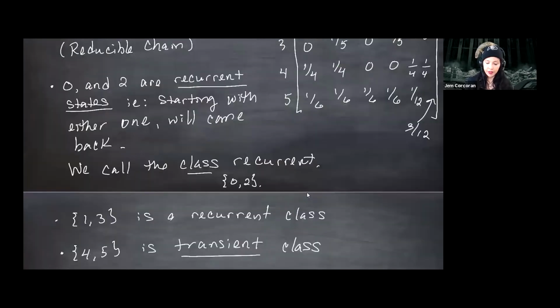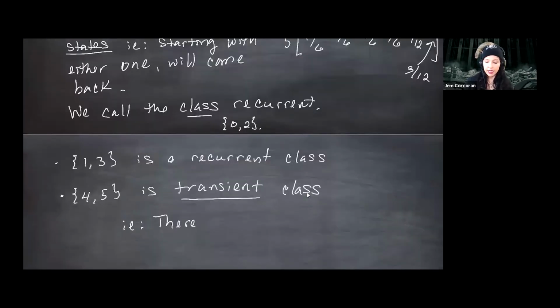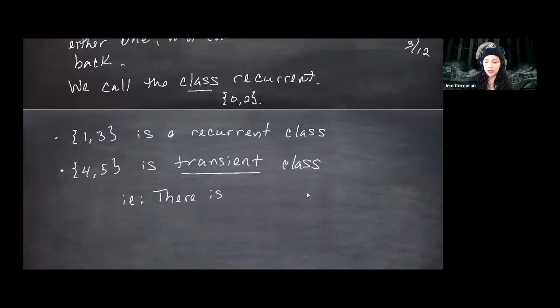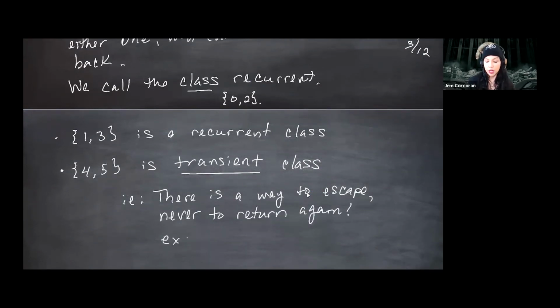So there is a way to escape, never to return again. You should always say it dramatically somehow. Never return again. So for example, we can go from 4 to 1 in one step, and that's an escape.